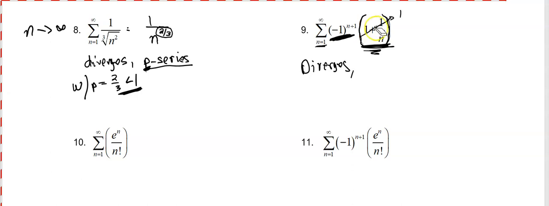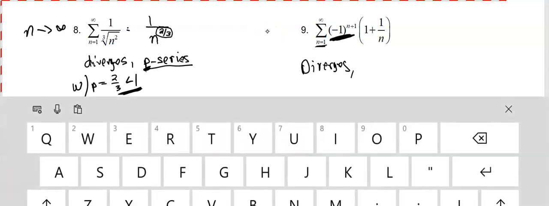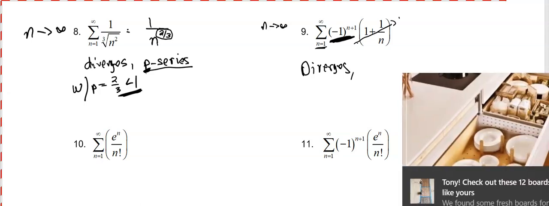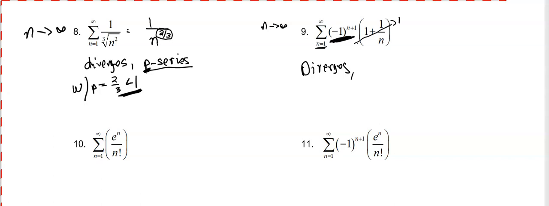However, the way we explain this, we actually could talk about how this fails the n-term test. As n goes to infinity, this guy actually has a limit of 1. What the heck? Has a limit of 1. We're bouncing back and forth then if we're going to be positive, negative, positive, negative.